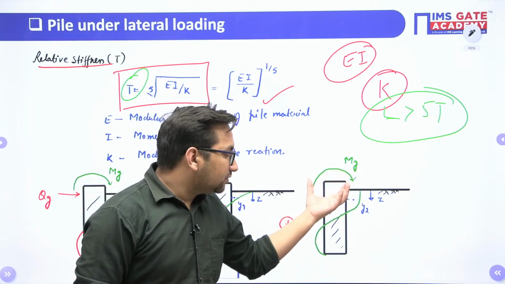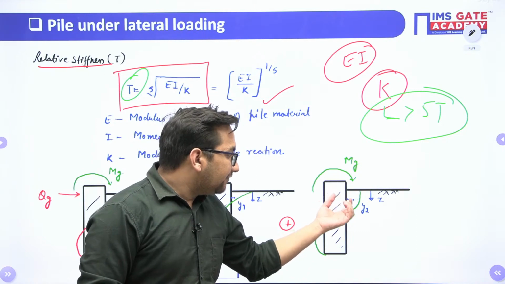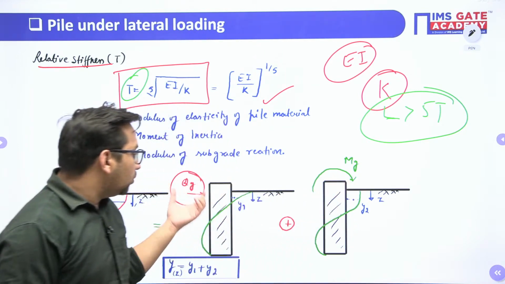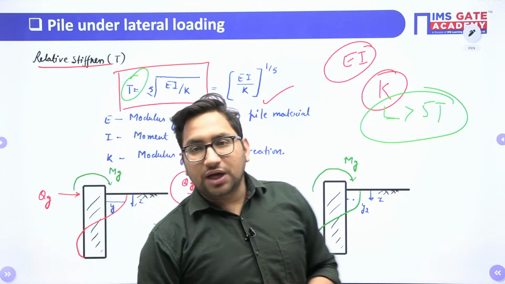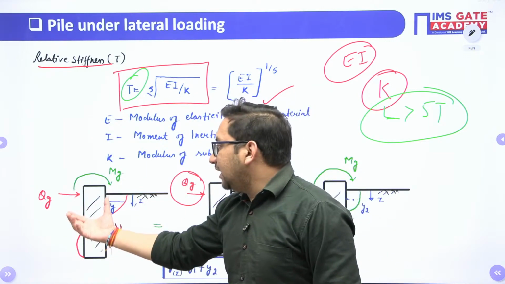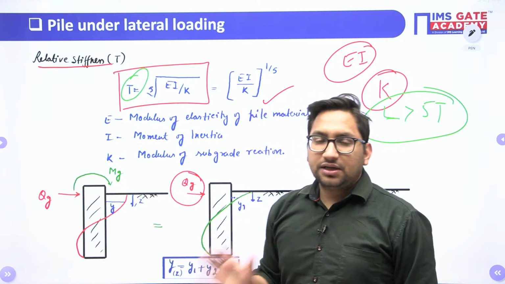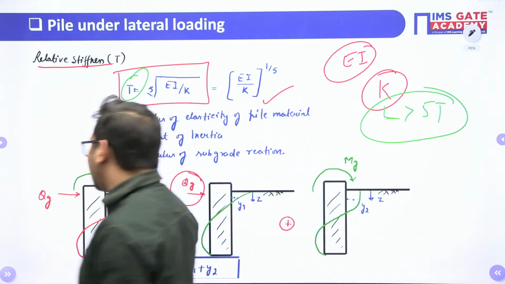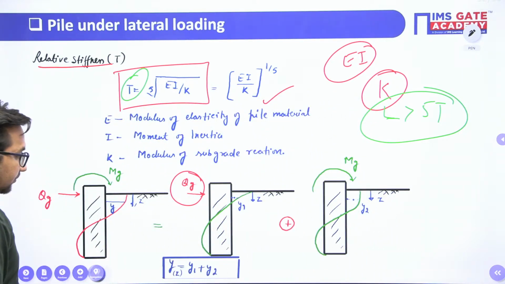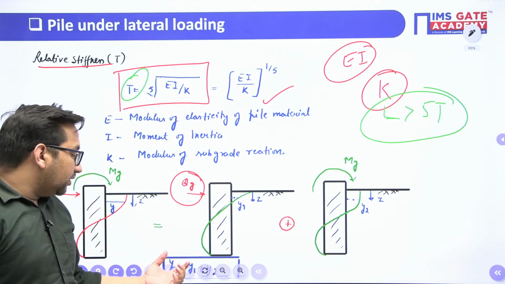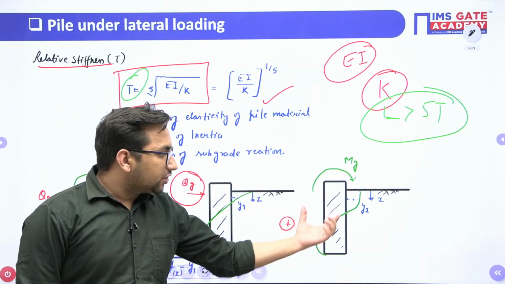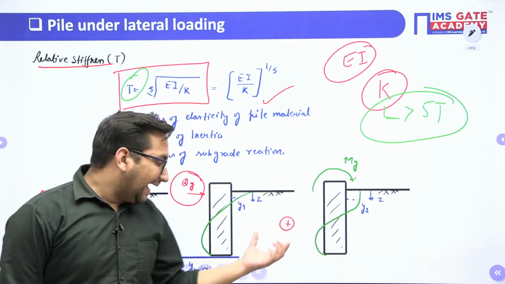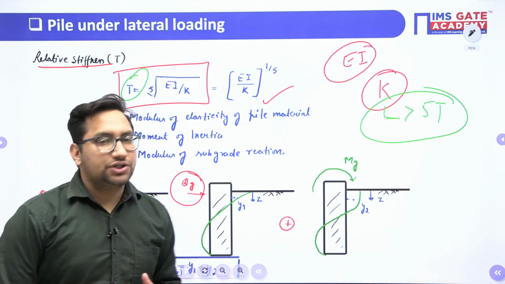Once the individual deflection due to this moment and load is known to me, I can add those values and it will be equal to the combined effect of this load and moment, right? So here we are applying the superposition method: we calculate the deflection due to this load, separately the deflection due to this moment, and by adding them we get the total deflection.